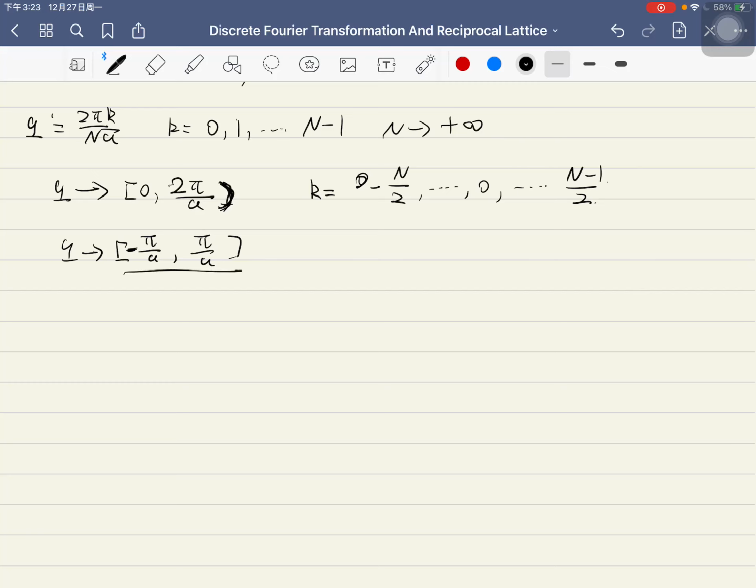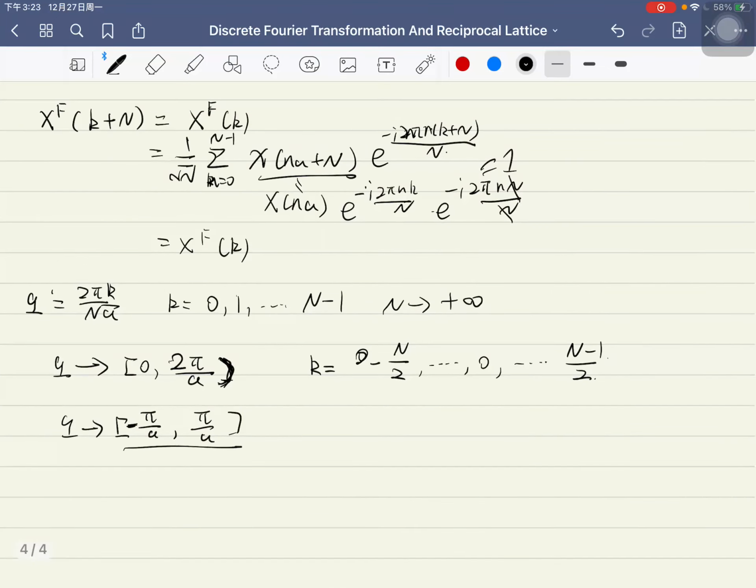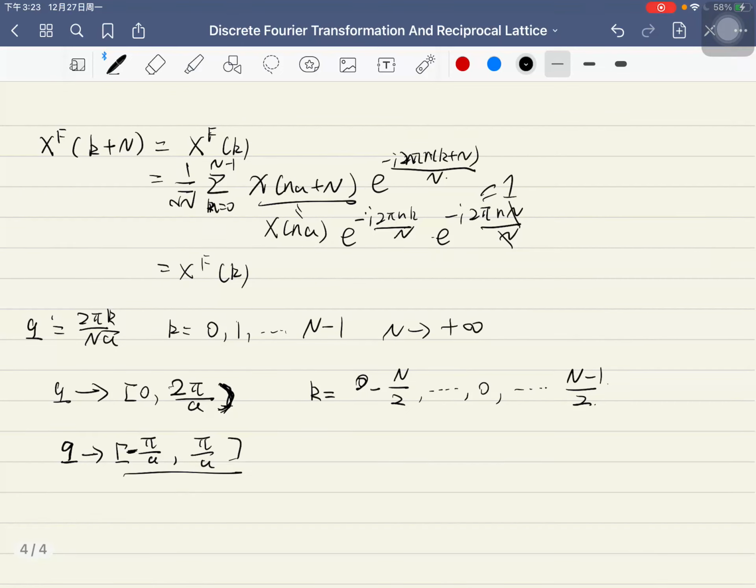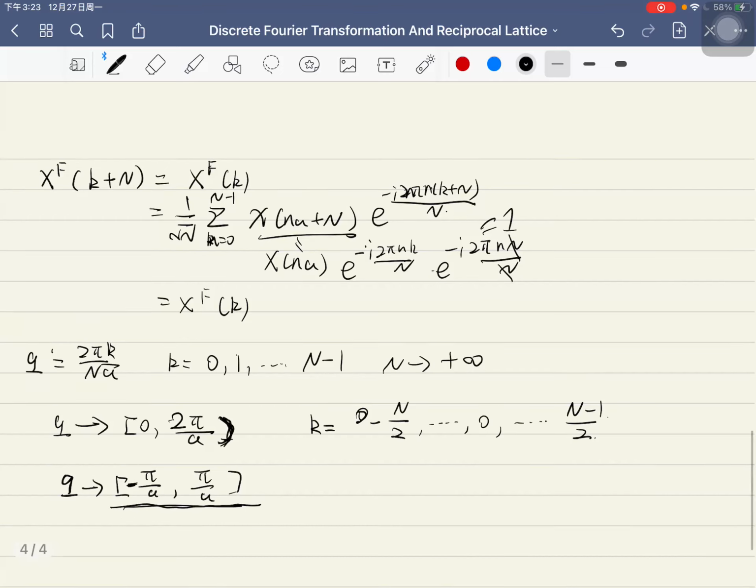So this is the Brillouin zone, which refers to the coordinates of the reciprocal lattice, reciprocal space.